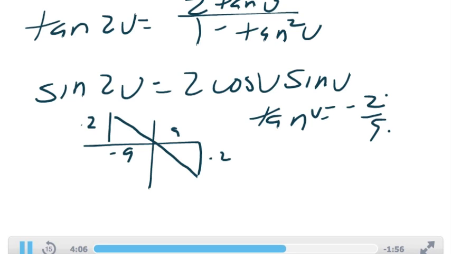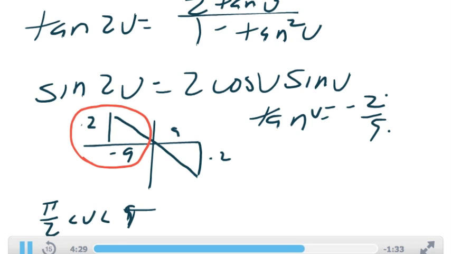How do I know which one? All right, go back to the problem, and it says that pi over 2 is less than u is less than pi. So which one does that tell me that it's going to be? Yeah, the second quadrant. So now I know that this is my triangle, using the tangent and which angle that we get.